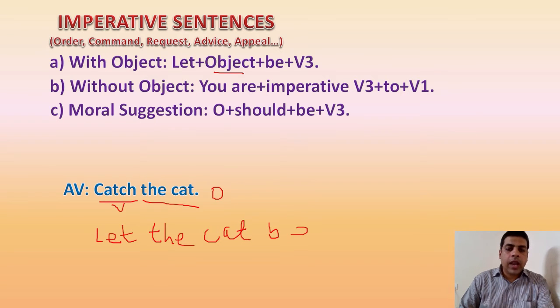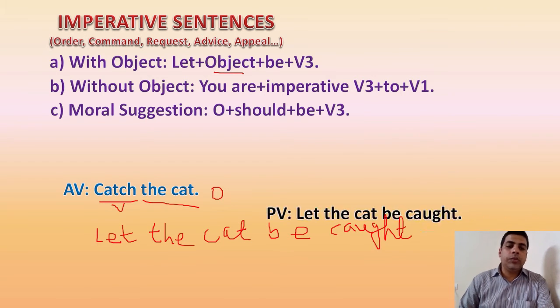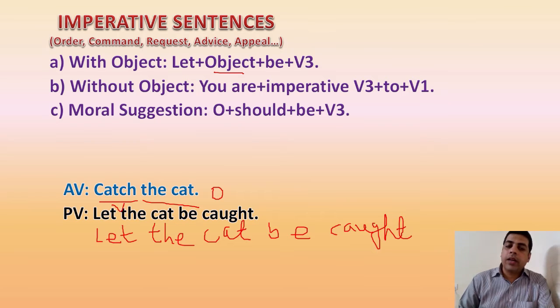Let the cat be. And then finally, we have to write the V3 form of the verb. What is the verb given with us? Catch. The V3 form of the verb is caught. So the answer is going to be let the cat be caught. By you is not at all needed; we are not supposed to write it. So the answer is supposed to be let the cat be caught.